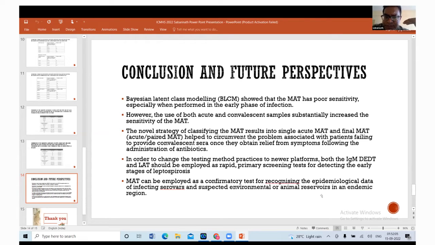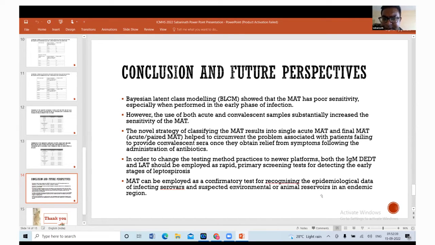In order to change the testing practices to newer platforms, both IgM dipstick and latex agglutination test should be employed as rapid primary screening tests for detecting the various stages of leptospirosis. MAT can be employed as a confirmatory test for recognizing the epidemiology of infecting serovars and suspected environmental and animal reservoirs in endemic regions.